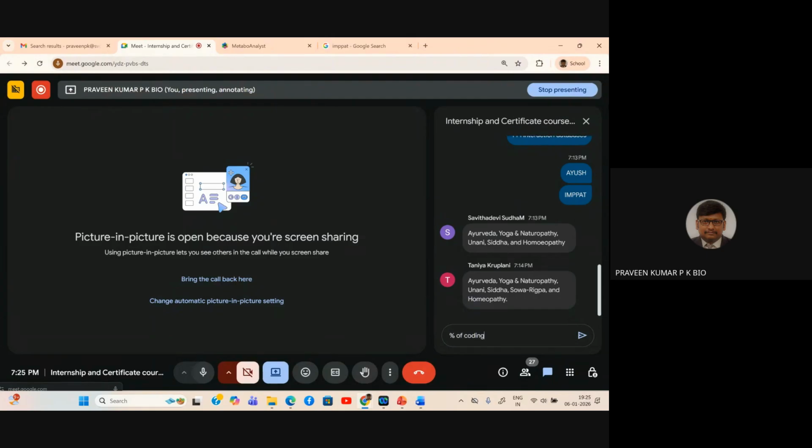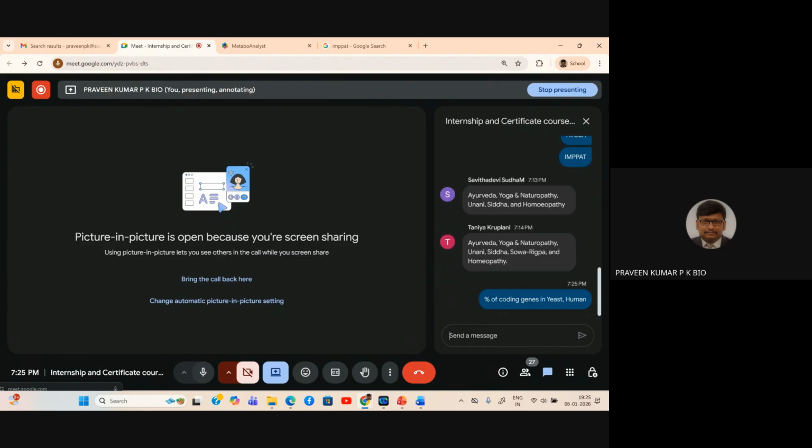And the next is human. Because we just completed genome, one should know this kind of information. Of course, this is a national competitive exam question. Even how many genes are present in humans, what is the size of the human genome, you can find in GATE questions in previous years.